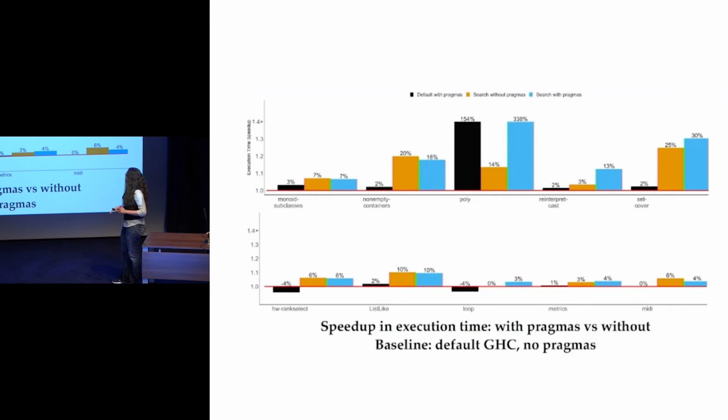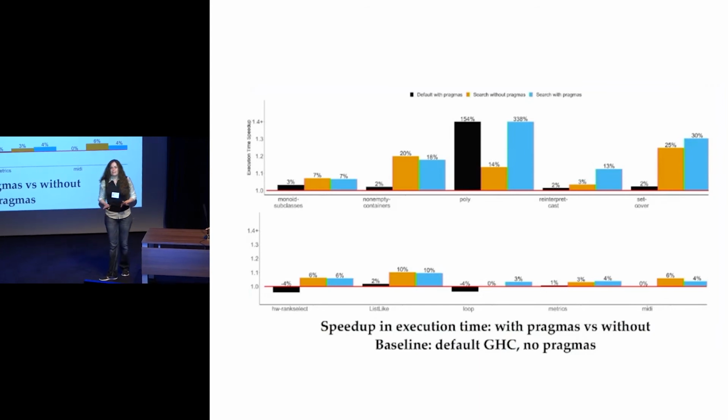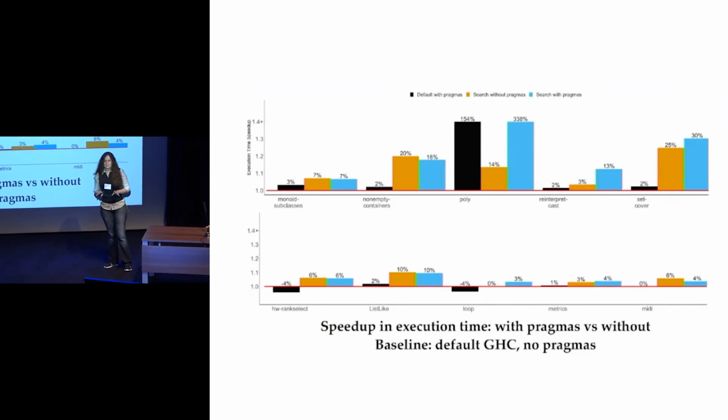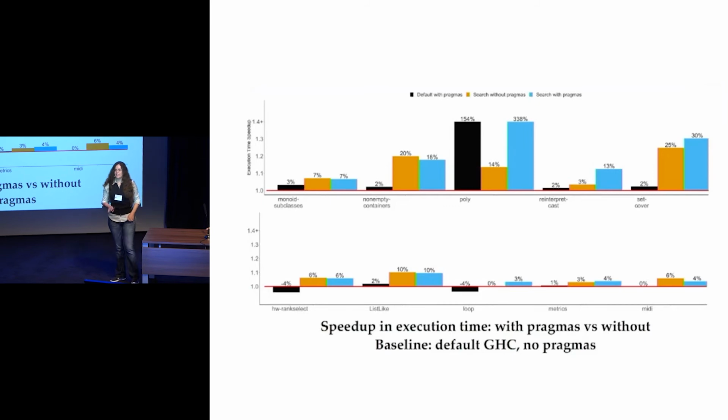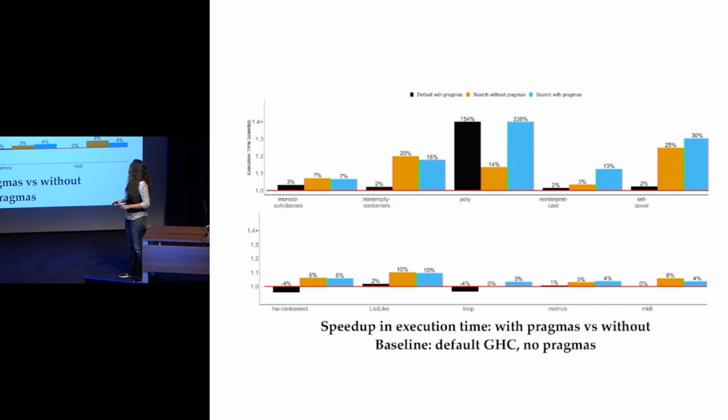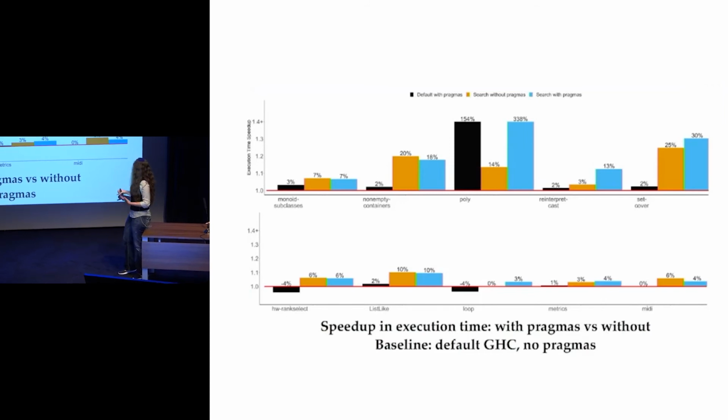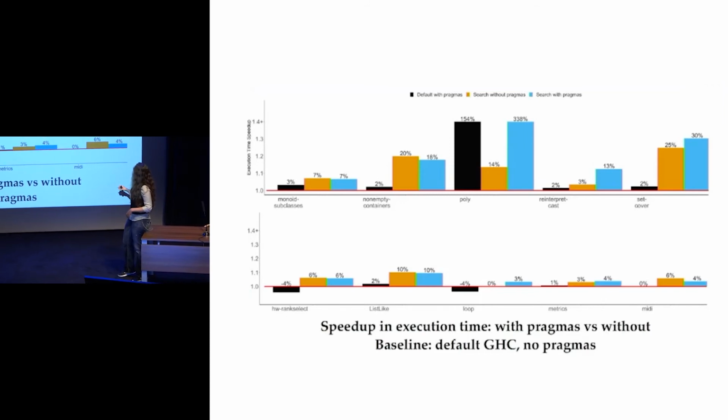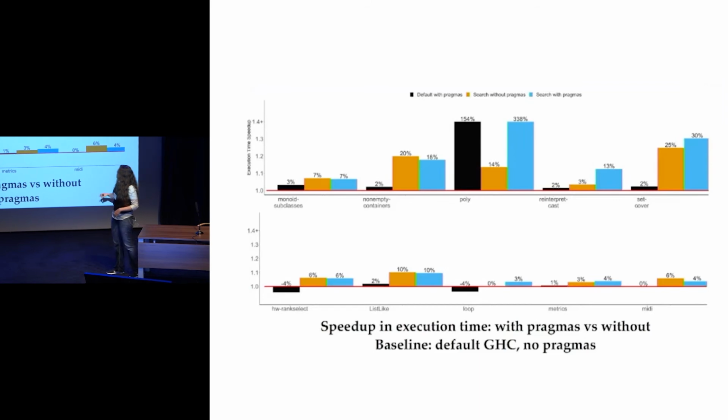It is noteworthy that with every single package, with some configuration of magic numbers, we managed to find something that was faster than default GHC. Many of them were significantly faster, like 10%, 13%, 30%, 20%.